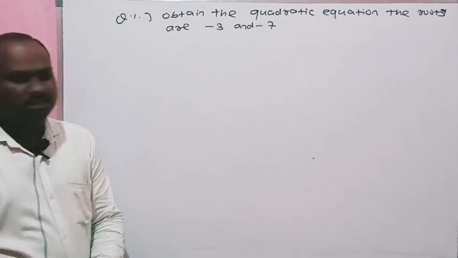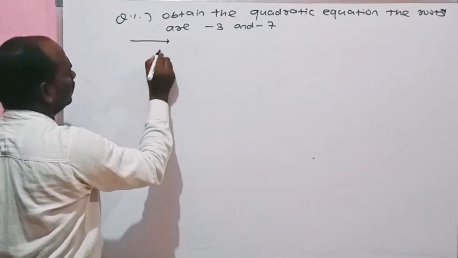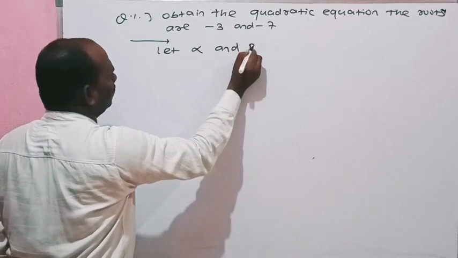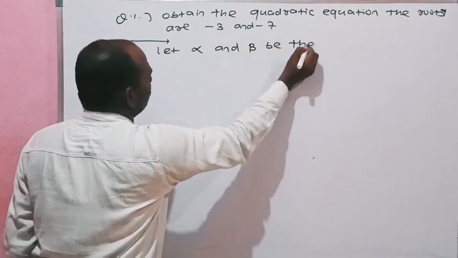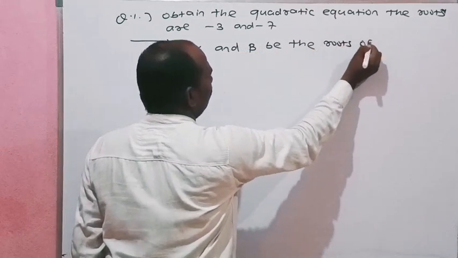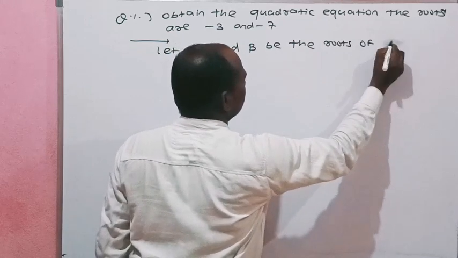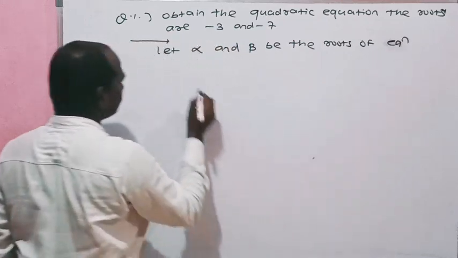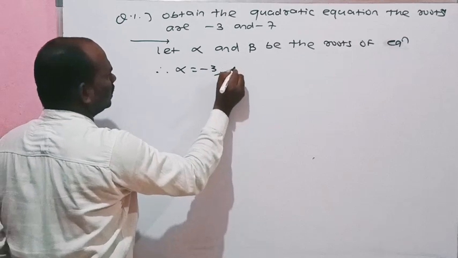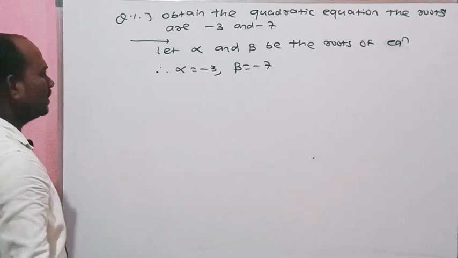The roots are -3 and -7. Now therefore, let alpha and beta be the roots of the equation. Then alpha equal to -3 and beta equal to -7.